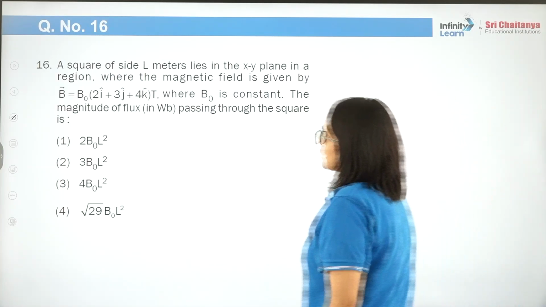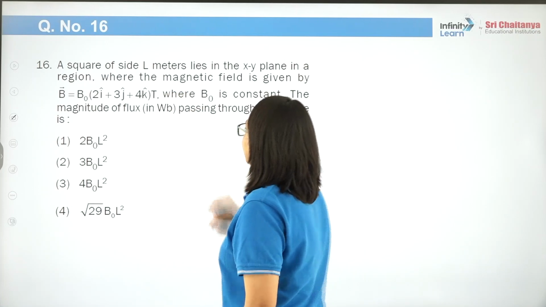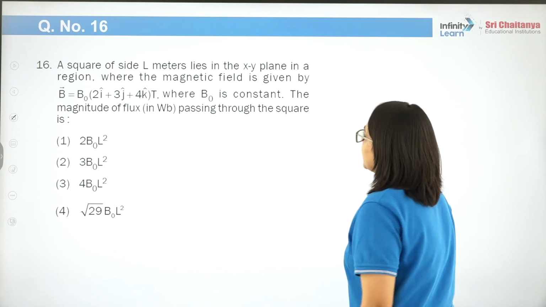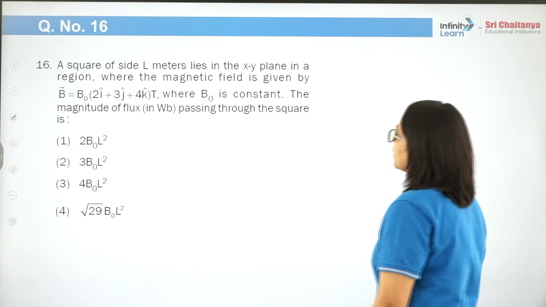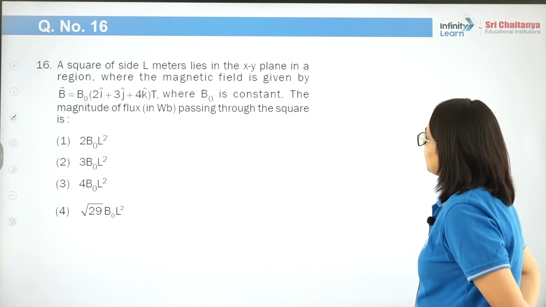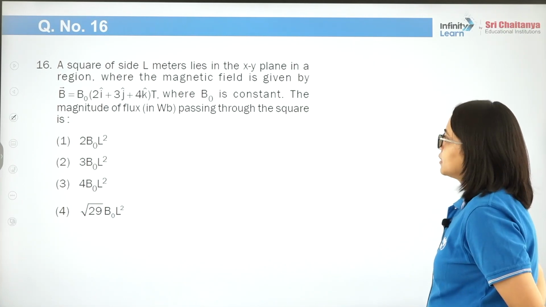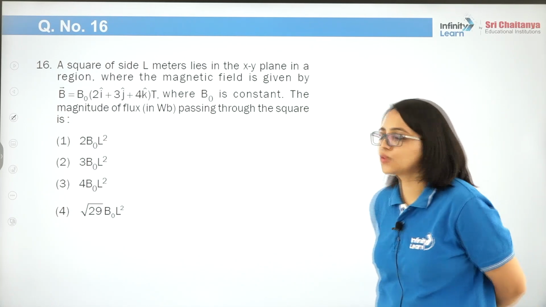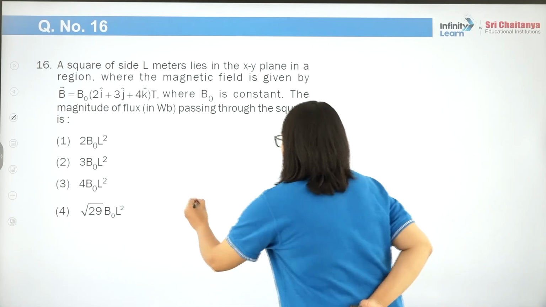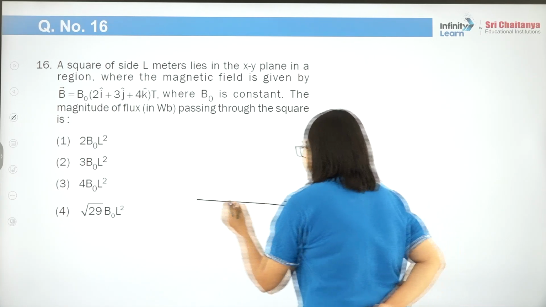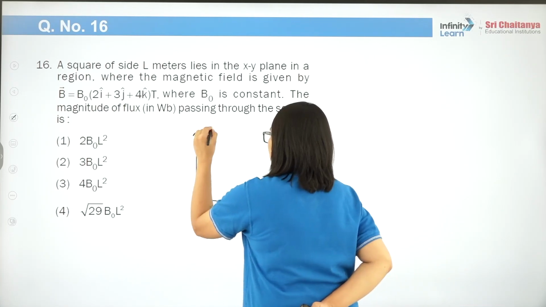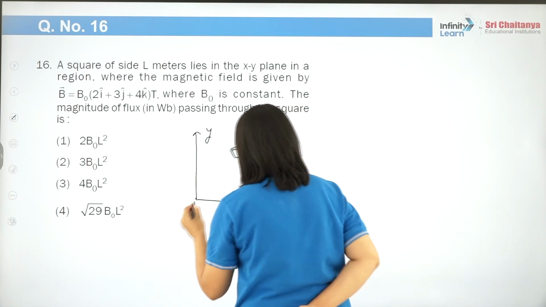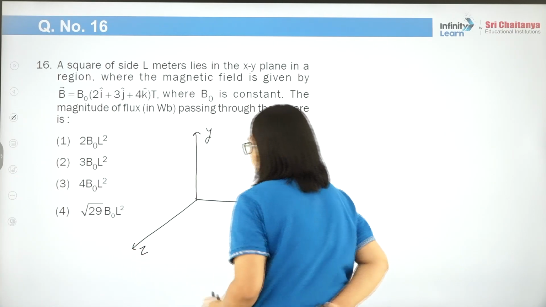Next is question number 16. We have a square of side L meters lying in the xy plane in a region, and the magnetic field is given by this much. B naught is constant. The magnitude of the flux passing through the square is. So this is the x axis, this is the y axis, and let's say this is the z axis.